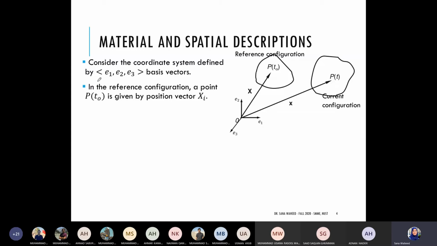Sorry, I forgot to set up the problem in entirety, which is to consider that I'm going to be using a Cartesian coordinate system, which means I'm going to have my E1, E2, E3 basis vectors. Now notice that because I'm talking about a three-dimensional space, this vector capital X that I've represented will have three components, x1, x2, x3.